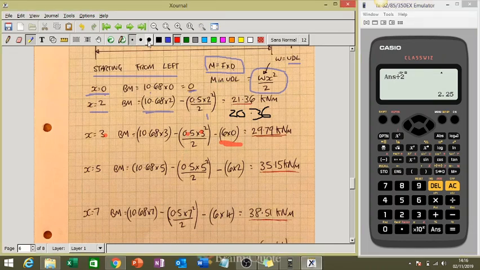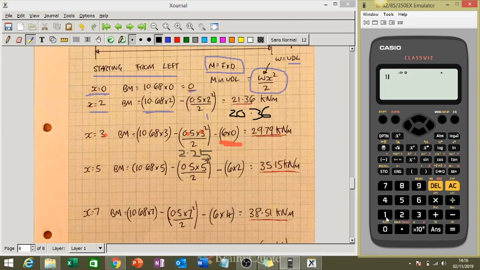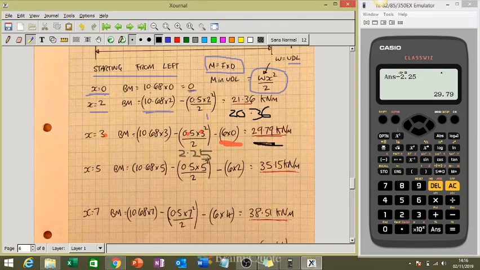Obviously you can keep it in your calculator, you haven't got to do it like this. 10.68 times by 3 gives me that. Take away 2.25. I hope I made the same mistake. 29.79. Normal service resumes. So the bending moment at x equals 3 is 29.79.